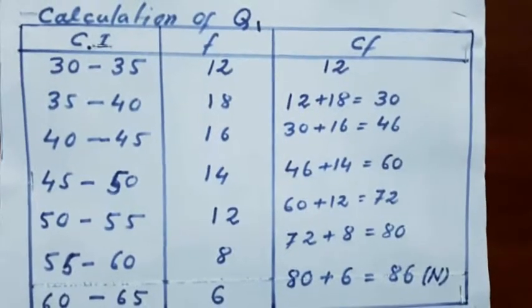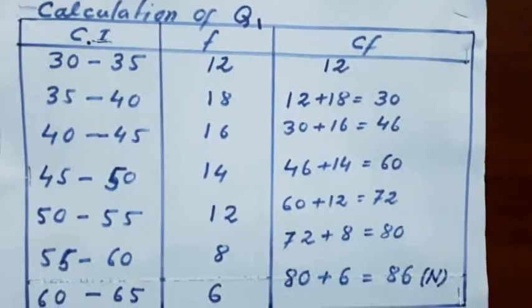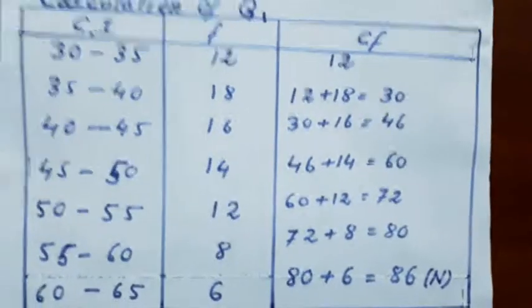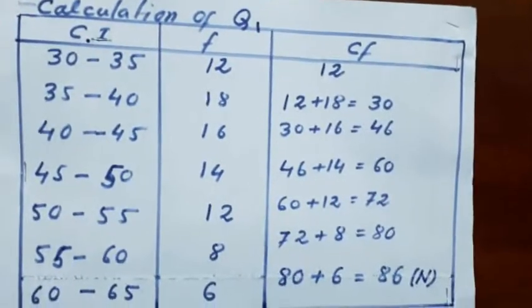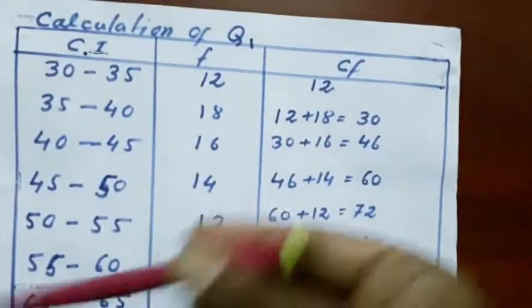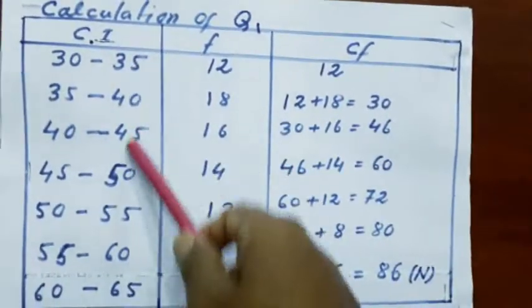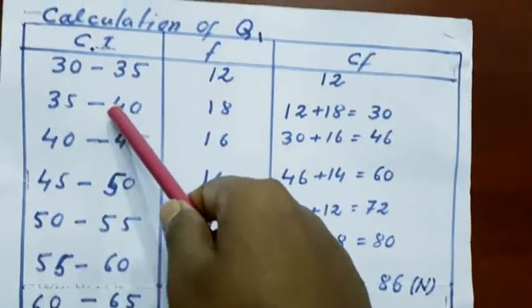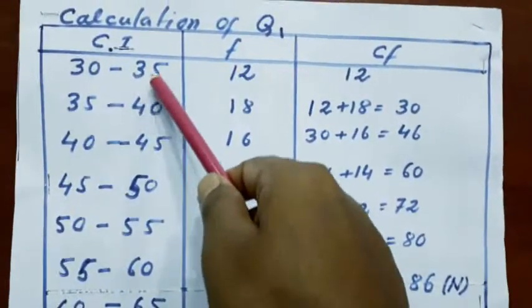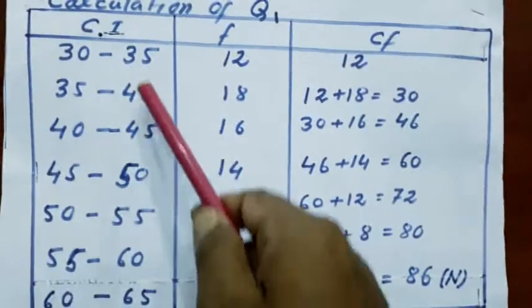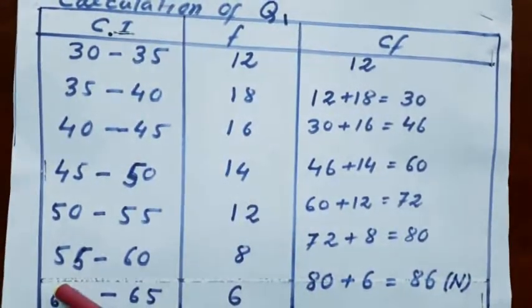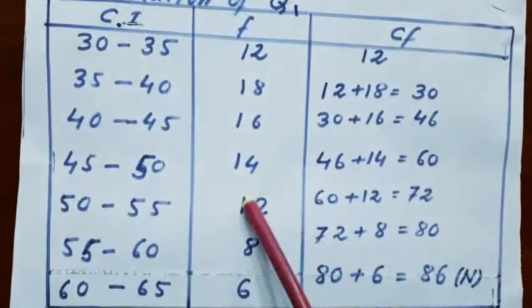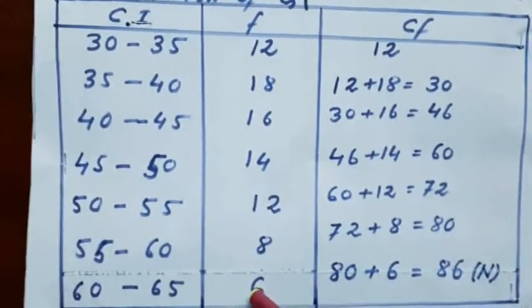Calculation of Q1 or first quartile. The extreme left corner represents the class interval. As it is continuous, that is why I have kept it, I have not changed anything. This is the frequency.